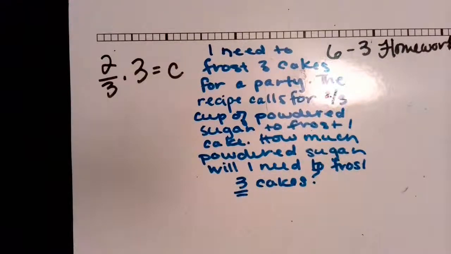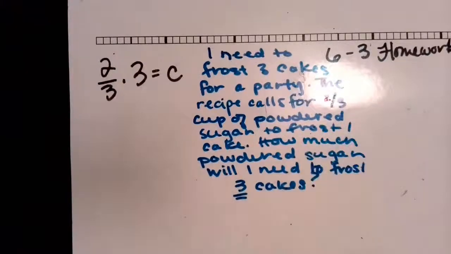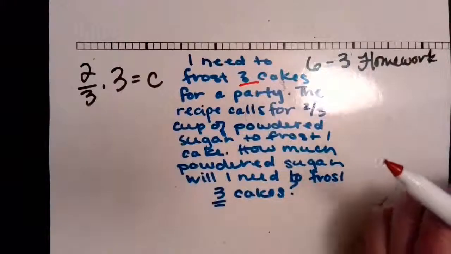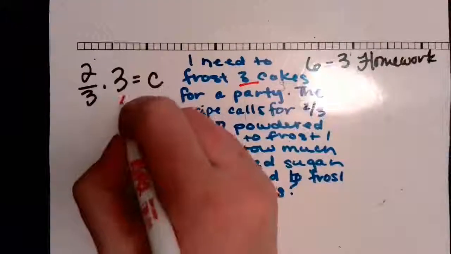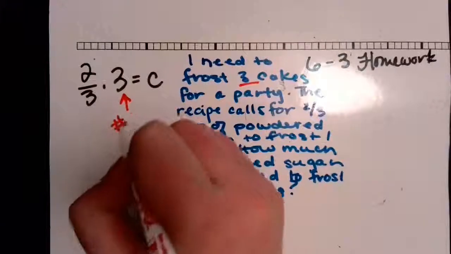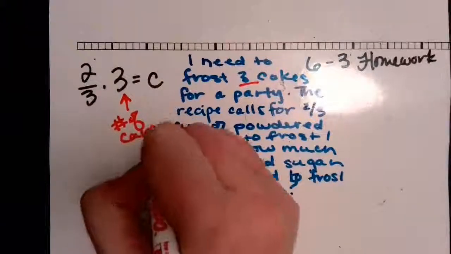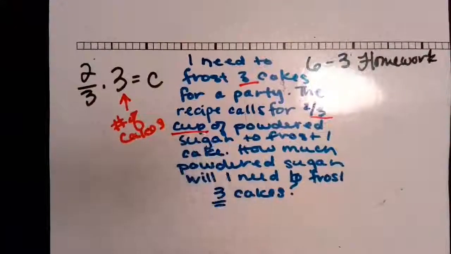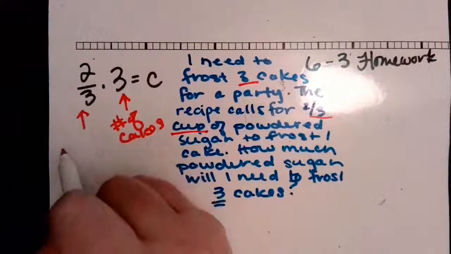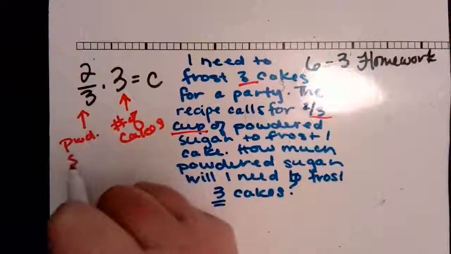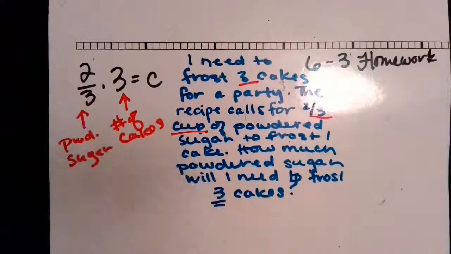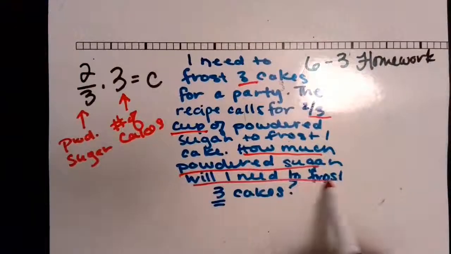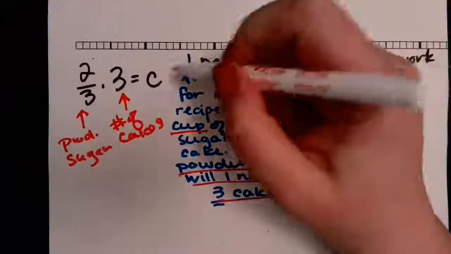Let's take a look at this problem and my word problem. I went ahead and said I need to frost 3 cakes. All right, cool. I have included the number of cakes for a party. The recipe calls for 2/3 cup of powdered sugar. There is my 2/3. How much powdered sugar will I need to frost 3 cakes?